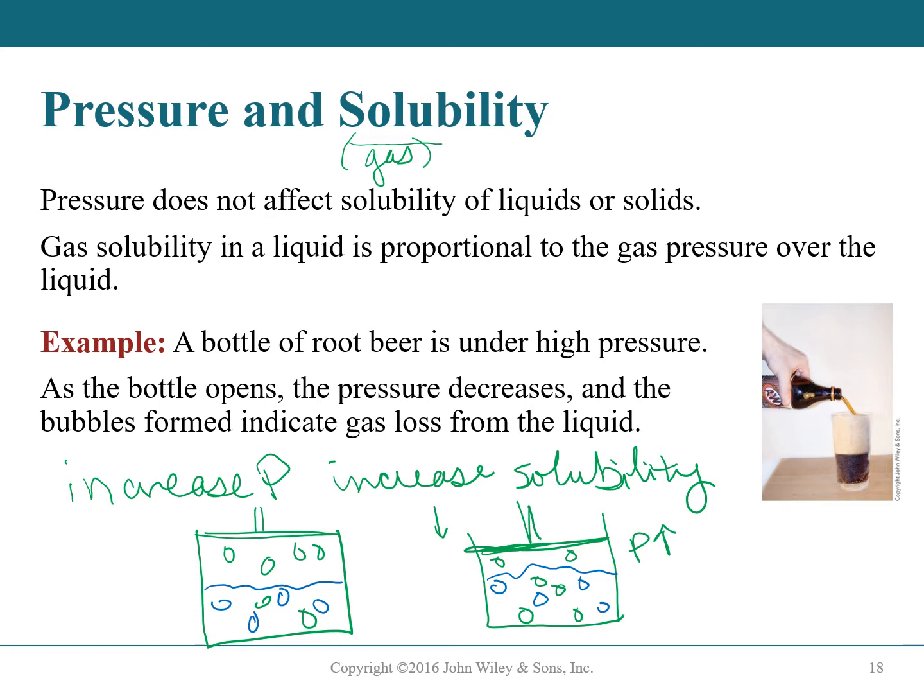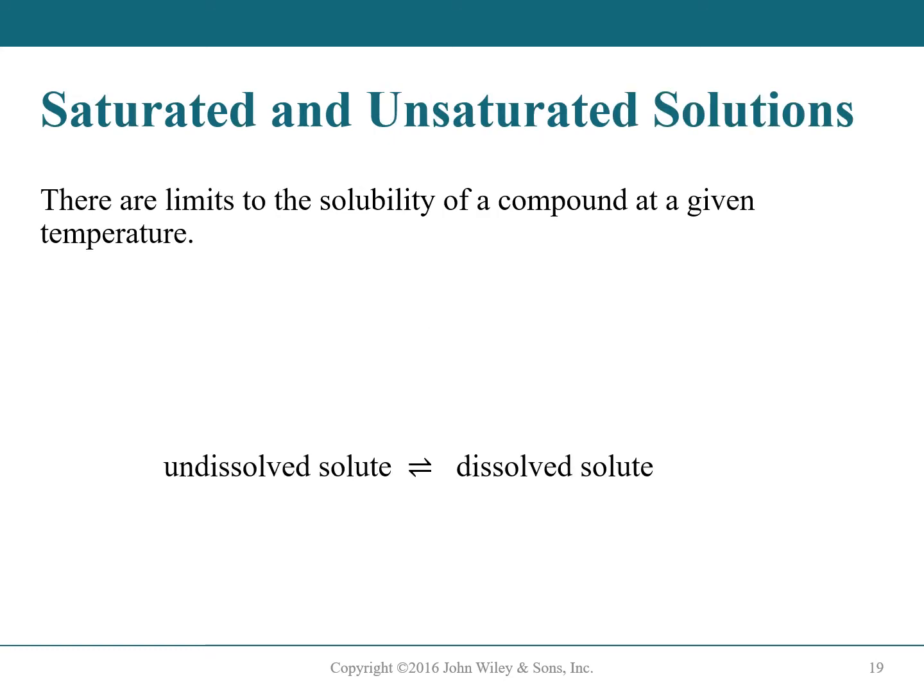Then all the gas bubbles that were dissolved in there can actually escape the liquid. And so that's why you see bubbles forming on the side of your plastic bottle container. Because you decrease the pressure, you decrease the solubility, and that's how all the gas comes out.